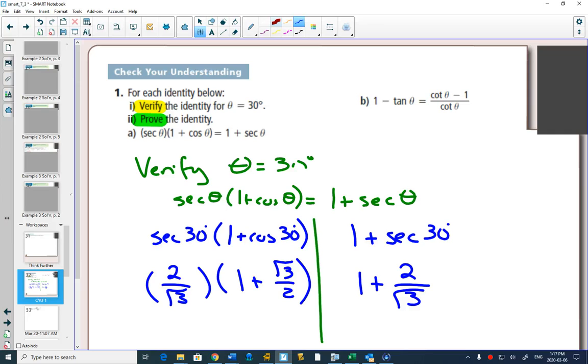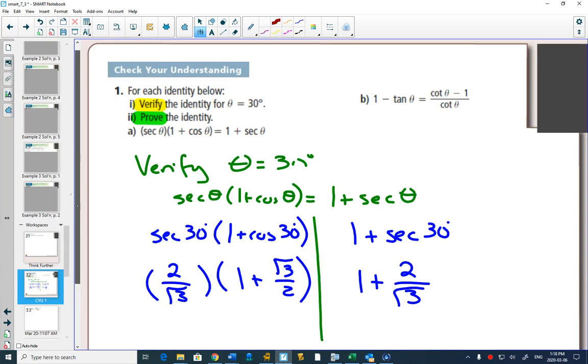So a verify question is like a proof question with one number. You still have to make these numbers look the same on both sides. So you're going to want to write your final answer as a single fraction. What could I do? Well, what would you like to do first? Would you like to add these fractions or distribute?